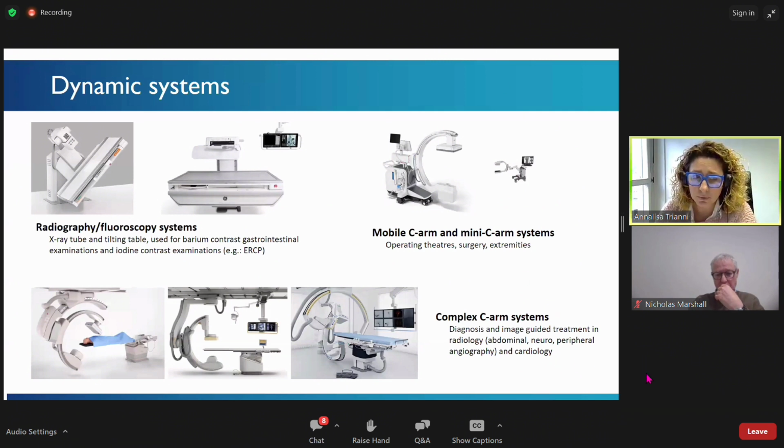These systems can be both monoplane or biplane, as you can see from the pictures.